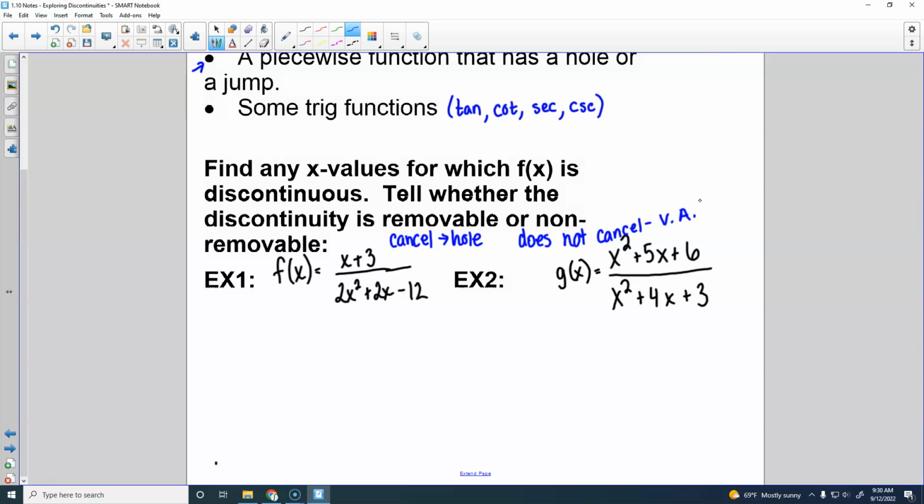So for rational functions like we see here, we just want to factor. It'll be a little easier to factor if I factor out the greatest common factor first. So factor out that 2, and you'll get x squared plus x minus 6.